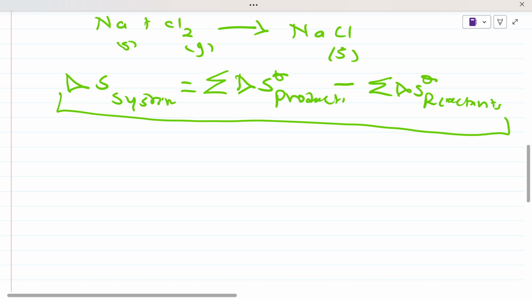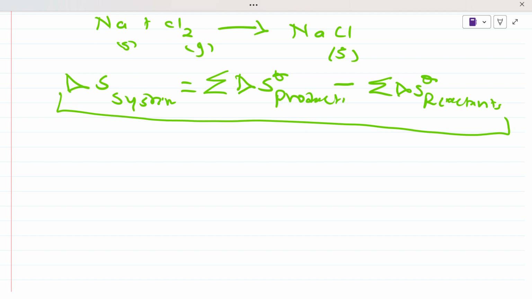And to shed more light on whatever we are going to do, I'm going to give you an example of certain substances and their entropies that have already been calculated.